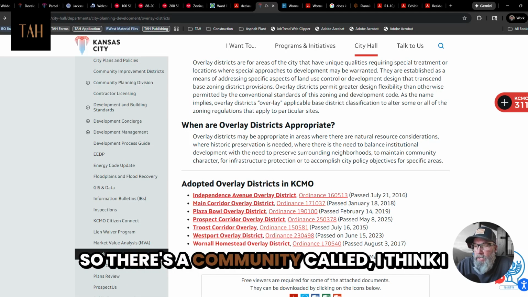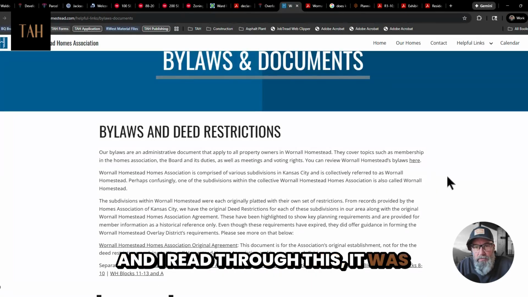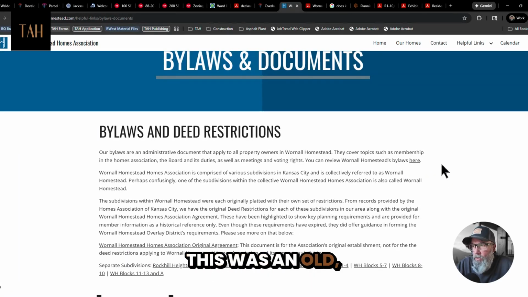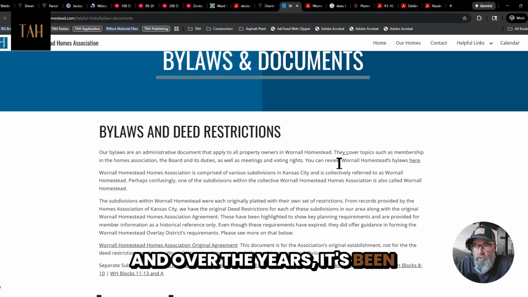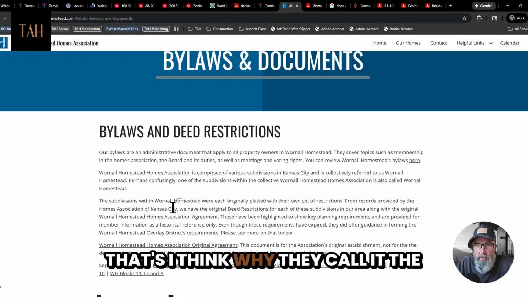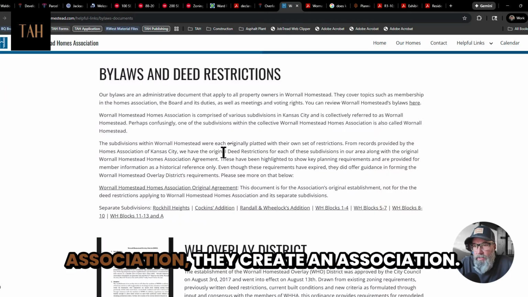There's a community called, I think I went with the Warnell Homestead Homes Association. And I read through this. It was interesting. This was an old original ranch, I believe, from days back, and over the years it's been subdivided. That's, I think, why they call it the Warnell Homestead. What they've done is create an association.